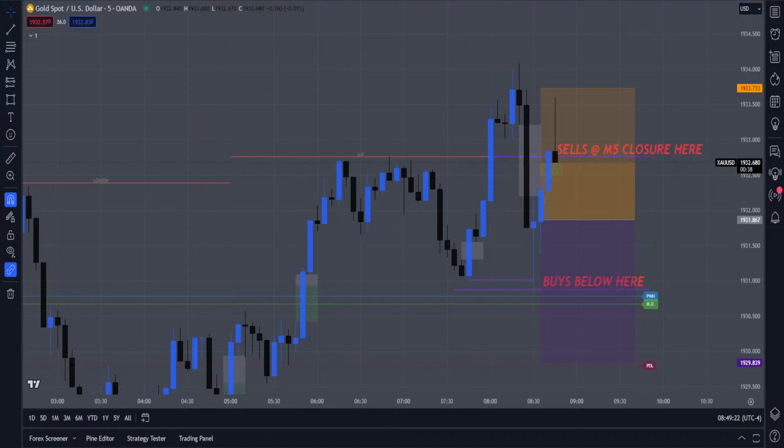I may get into a smaller trade again, just to see if we can. If this closes bearish, we will get into a smaller trade. We have about 10 seconds left.